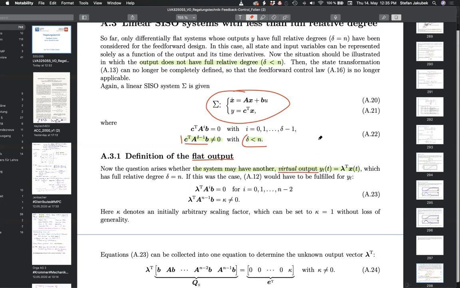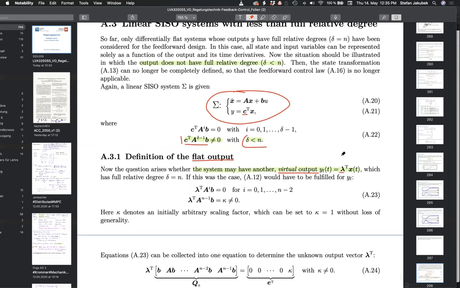Thus far, we were only able to formulate virtual inputs. Now let's assume that there's a virtual output, which, of course, since every output in a linear system needs an output vector, an output matrix, we now call lambda. And for that virtual output, we want to have full relative degree.